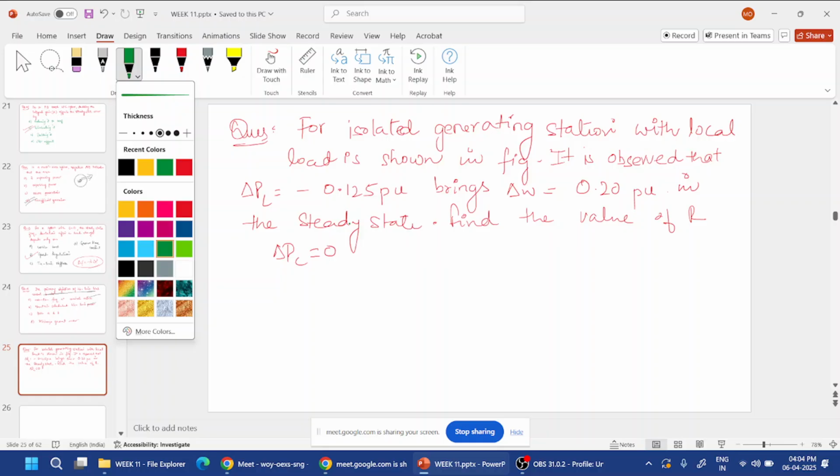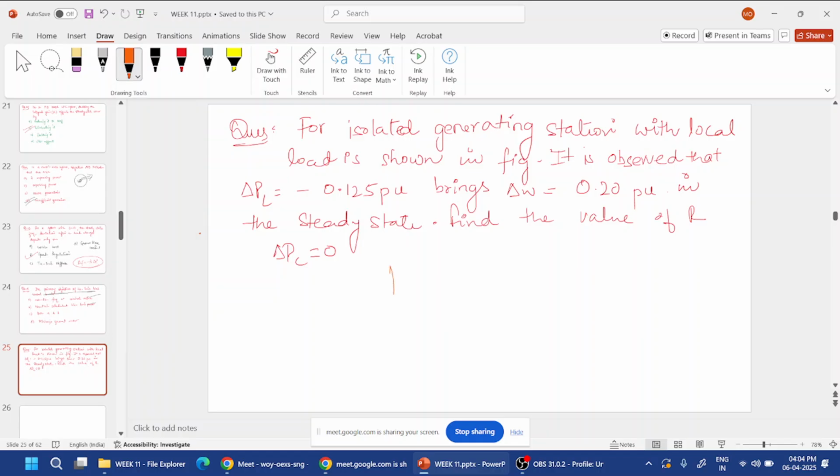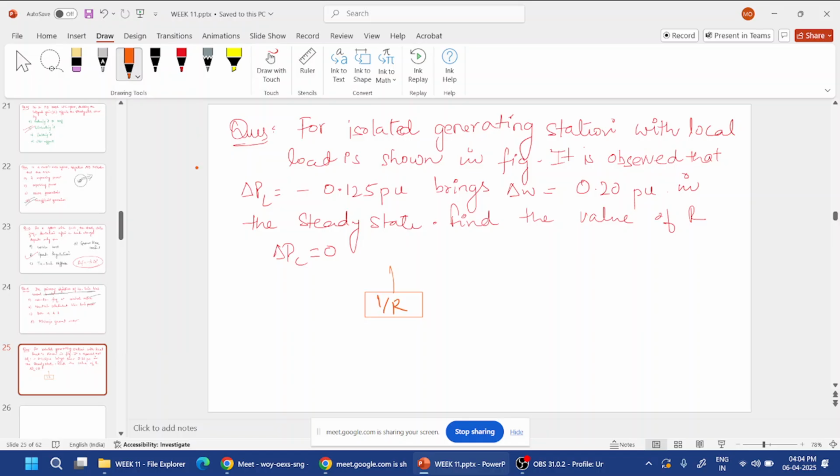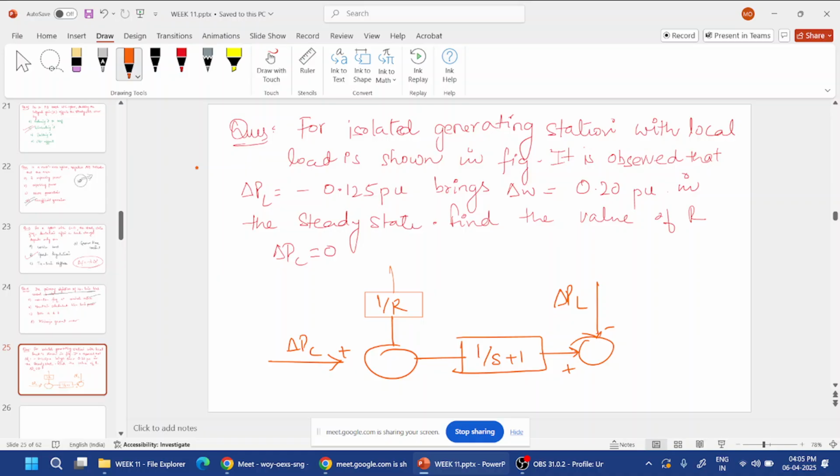Just a second, let me show this. This is a block diagram: 1 by R, plus del PC. The control function is 1 by S plus 1. Another signal is coming in, del PL.